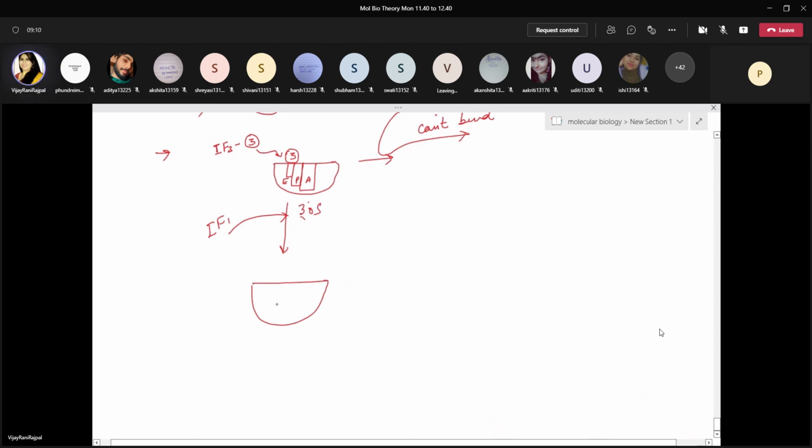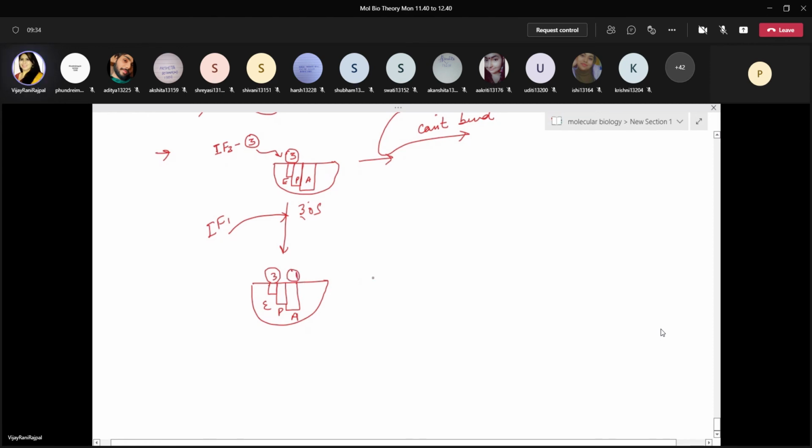E site, P site, and A site. So to the E site, 3 is already bound, and IF1 is specific to bind to the A site. So 1 binds to the A site.